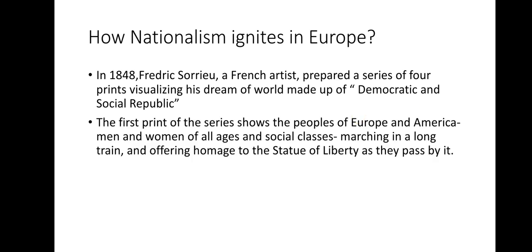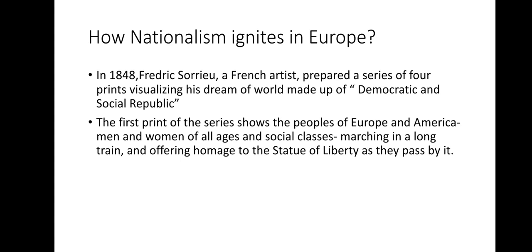The first print of the series shows the peoples of Europe and America, men and women of all ages and social classes, marching in a long train and offering homage to the Statue of Liberty as they pass by it. My dear students, kindly go through and minutely observe the picture or the diagram of Frederick Sorrieu.